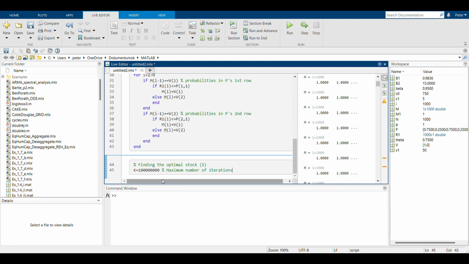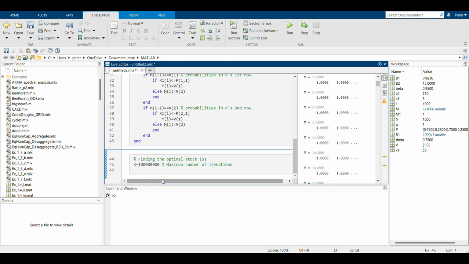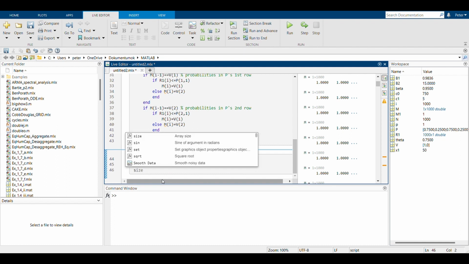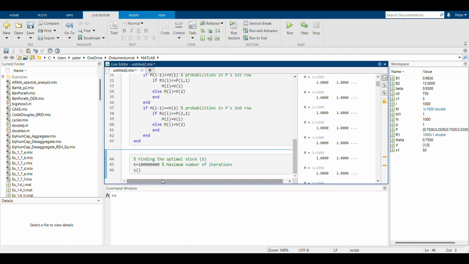This is the maximum number of iterations, and we are going to use the inequality from the exercise that we derived on paper with pencil.